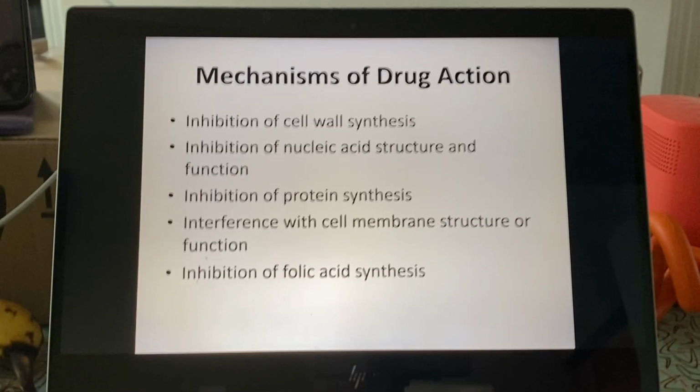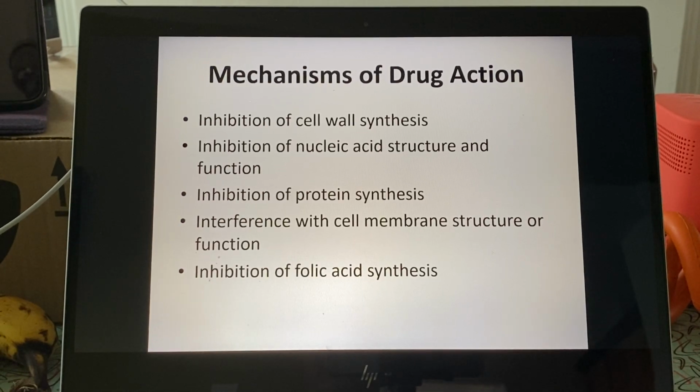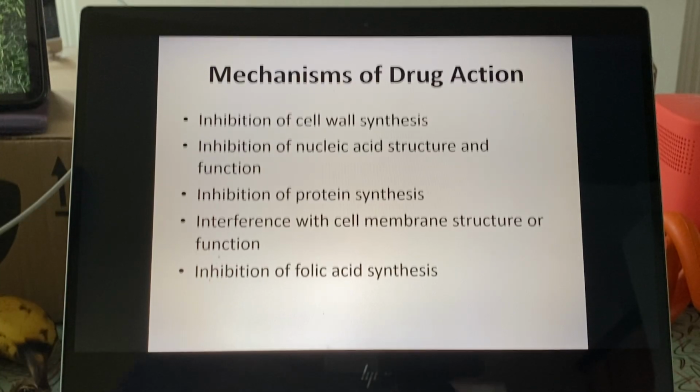There are a few, and they're listed very clearly in the PowerPoint, and those are the ones I would expect you to know. But this lecture is more of a general, what do we want out of an antimicrobial drug, and can we really achieve that goal?